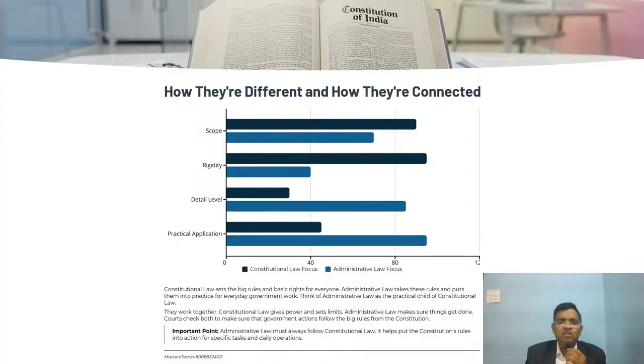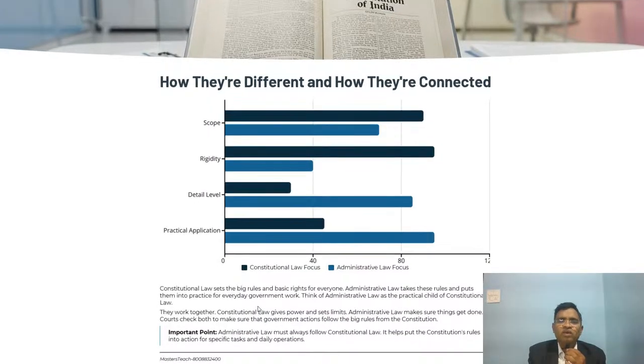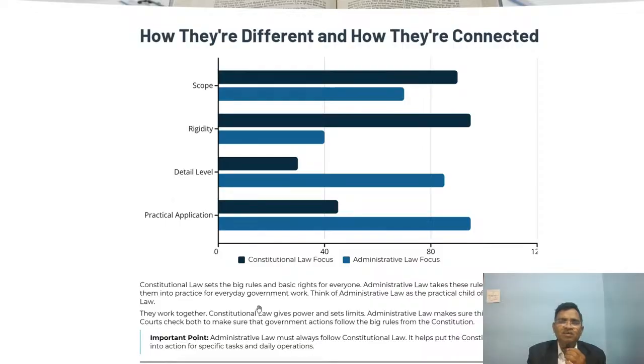So this is about administrative law. Okay, for constitutional law, here is some representation. Constitutional law's scope is more, whereas administrative law's focus is a little less. The light blue is the administrative law focus, whereas the navy blue is the constitutional law focus.